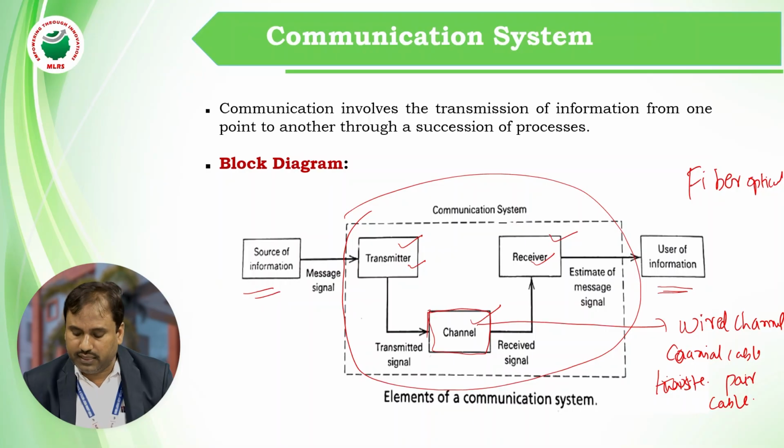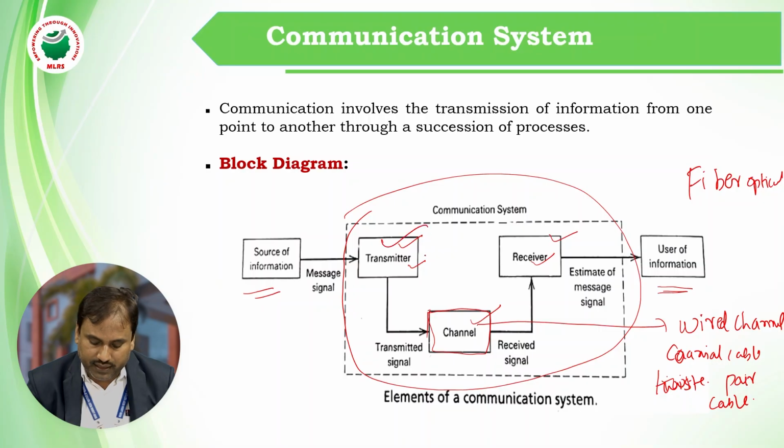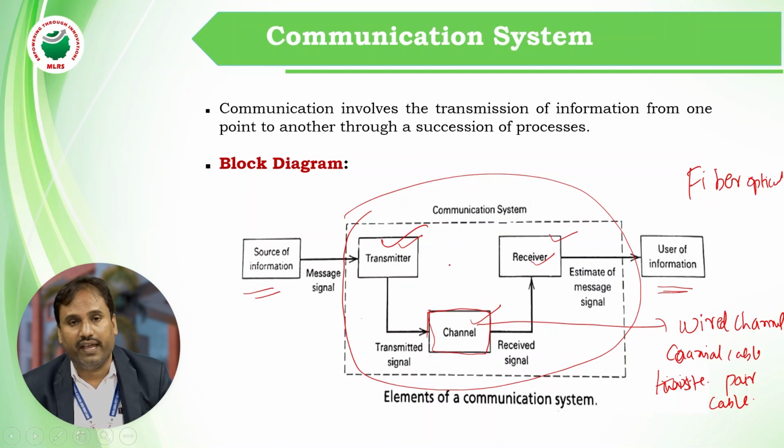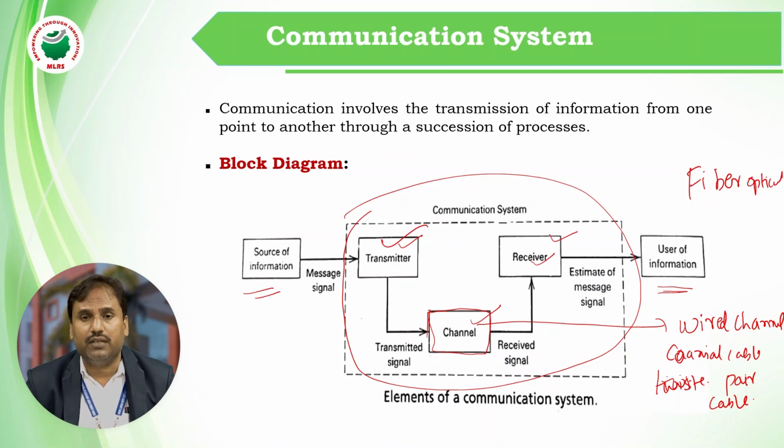In the wired case, every signal from the transmitter is passing through a cable. That is nothing but a wired channel. If you take a wireless channel, there is no cable. That is nothing but a wireless channel. When you are using a wireless channel, we compulsorily need an antenna at the transmitter side and also at the receiver side.